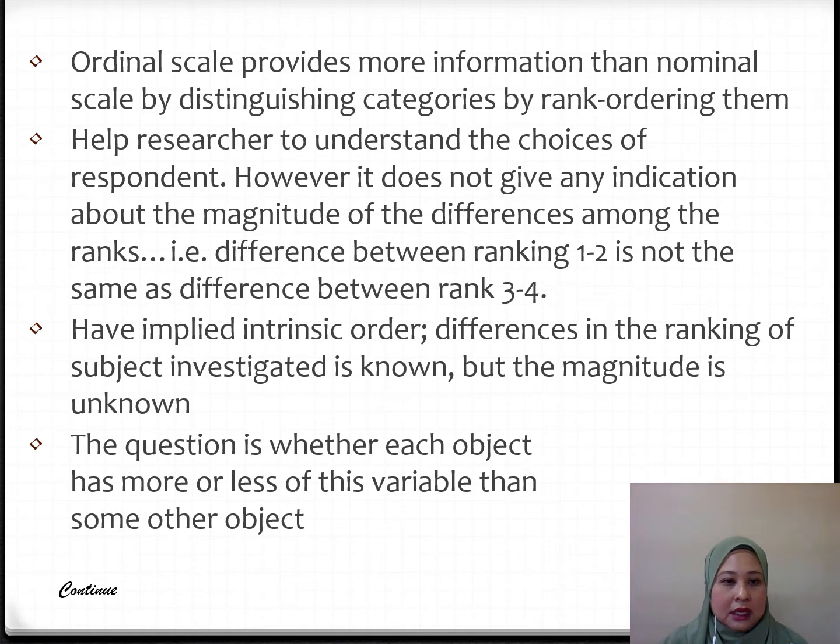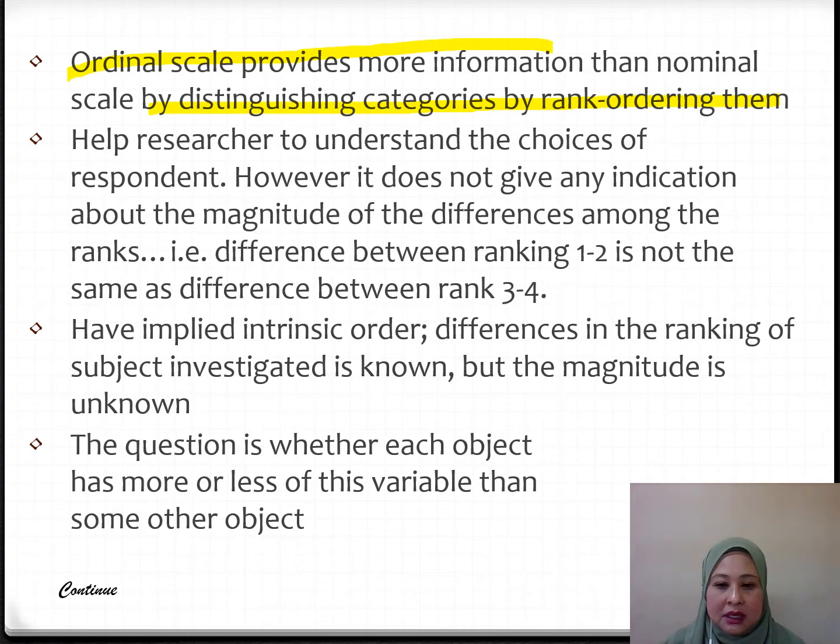Ordinal scale provides more information than nominal scale by distinguishing categories by rank order. For example, age. Usually we do not encourage respondents to provide their real age. We usually give ranges.